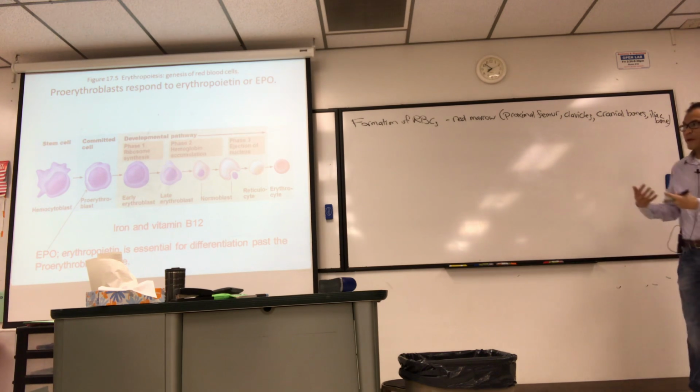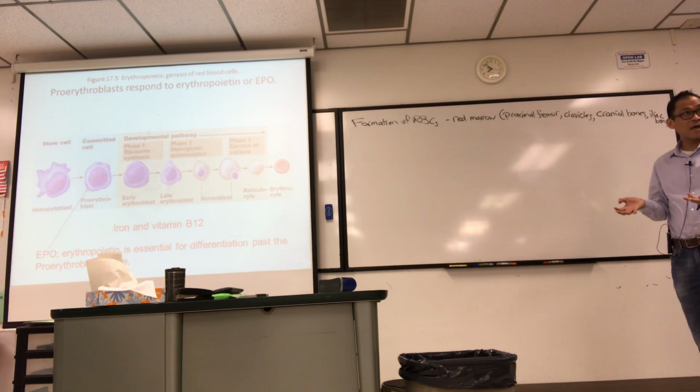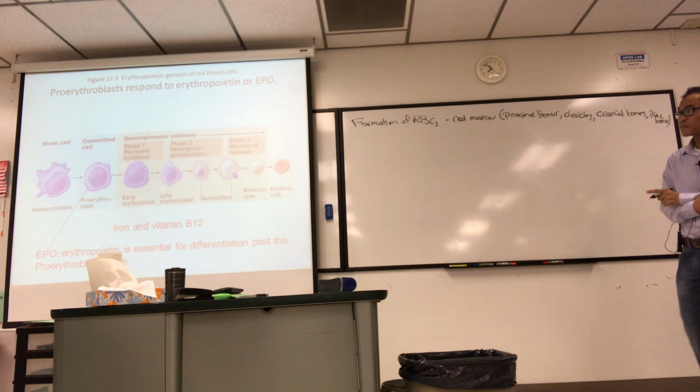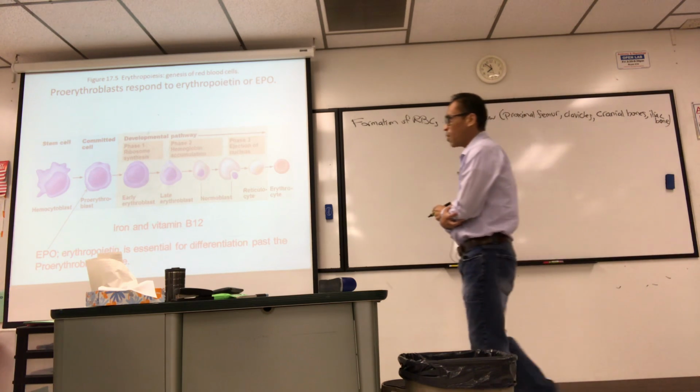So that's where you've got the red marrow, where all your blood cells are squeezing out of your bones every day, in millions. And so the red blood cells, there's a stem cell in the bone marrow called the hemocytoblast.